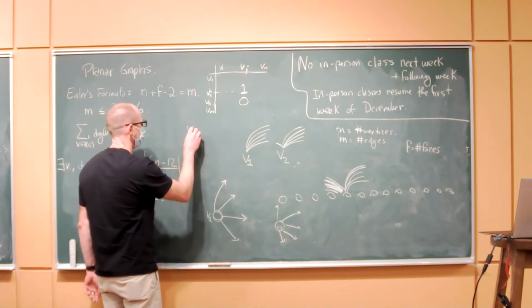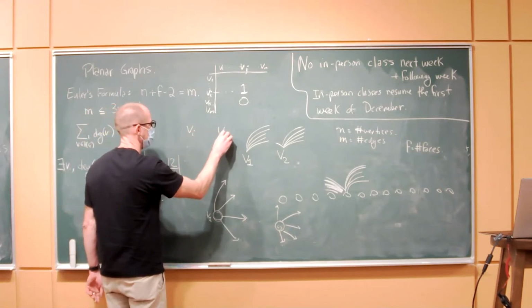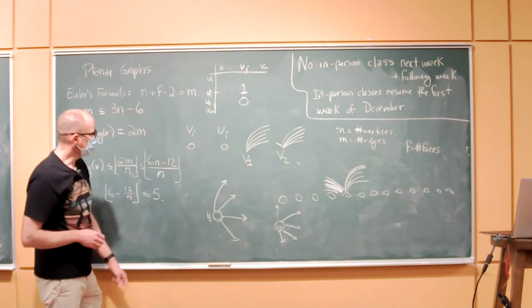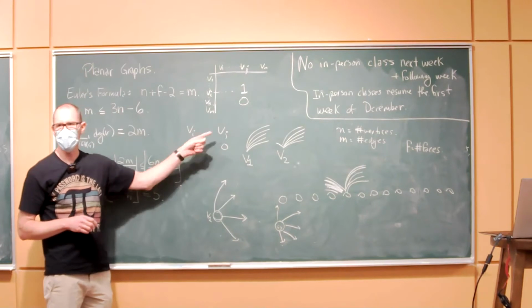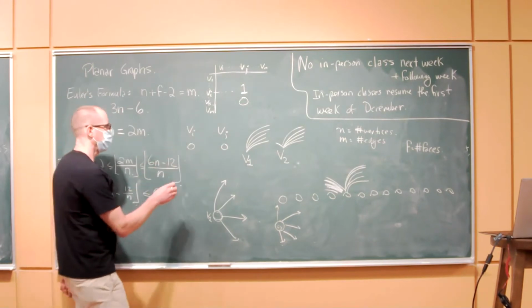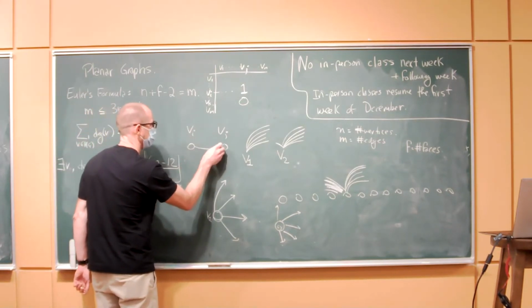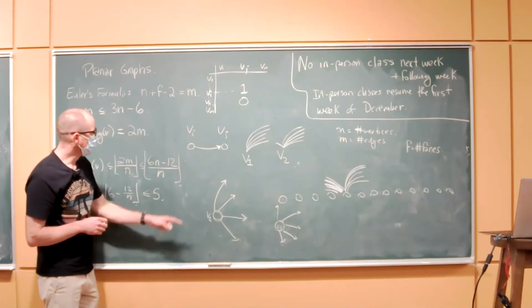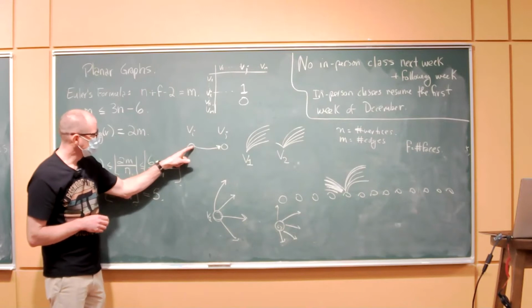So now if I look at Vi and Vj, if there's an edge between them, that edge has a direction. If the edge is directed this way, then in the list of Vi's 5 outgoing neighbors, I will see Vj.